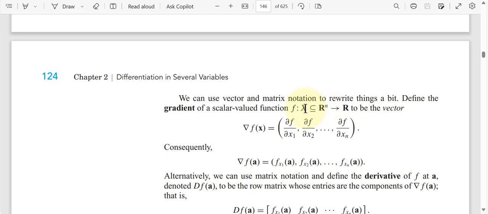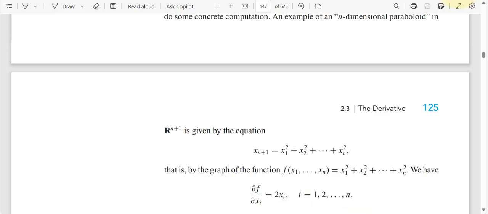Okay, so now here's a function that has many input variables and just one output variable. So an example might be, just like we've been looking at, here we have n different variables. They happen to be all squared.